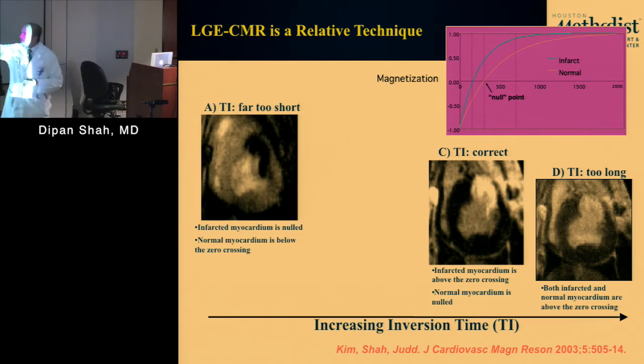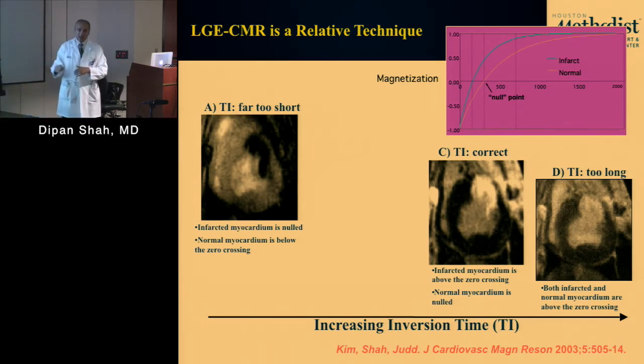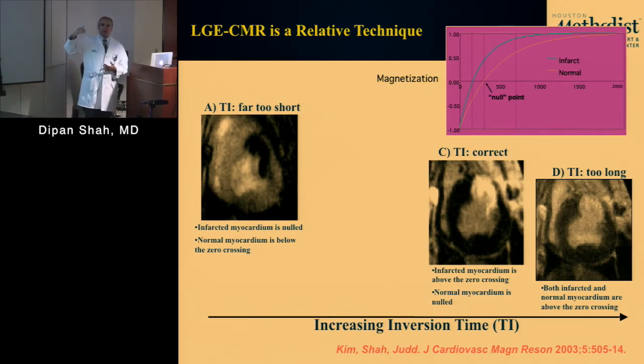I could make the infarct look black here, which has faster T1 recovery. But notice I picked a point way over here where the infarct curve is at 0, and normal myocardium in this case actually is below 0. But again, this is an absolute value reconstruction technique, so whether the magnetization is positive or negative, it will show signal, right?